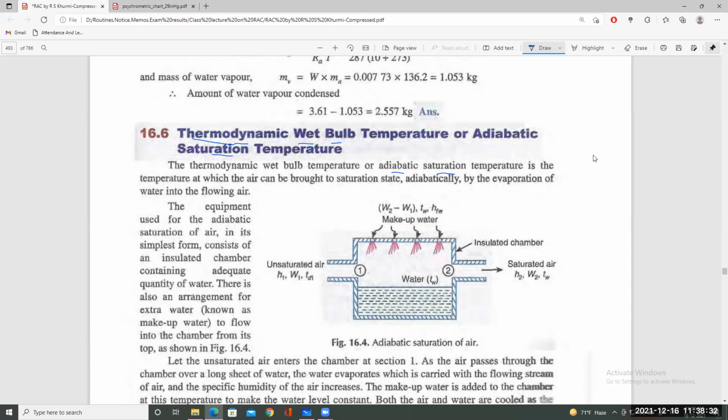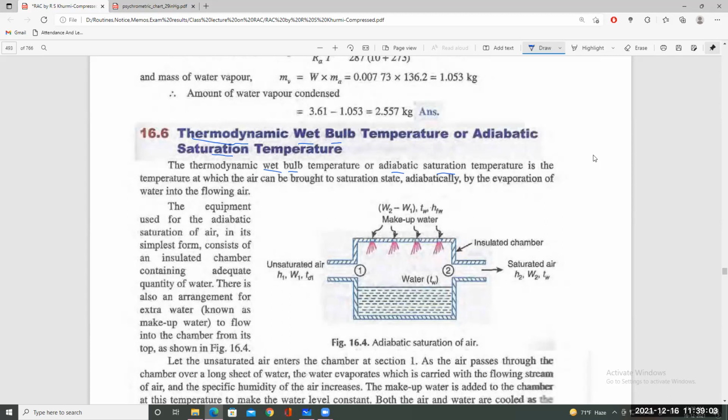Now, it is very clear that the wet bulb thermometer requires certain vaporization of water into the air to reduce its temperature, so that it gives us the record of the temperature of a certain volume of air where it is saturated.